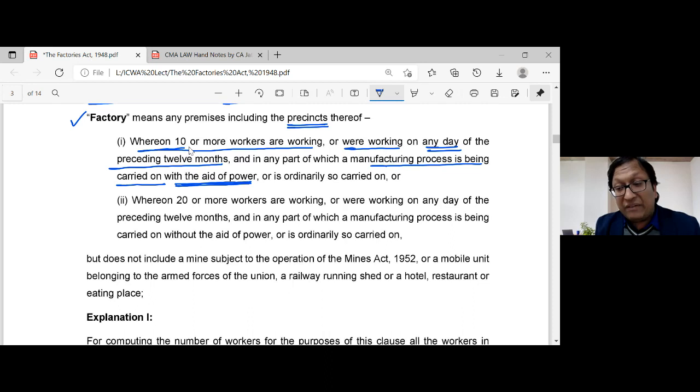If we are using power in a manufacturing process, and that place is employing 10 or more workers, then that place is called a factory.